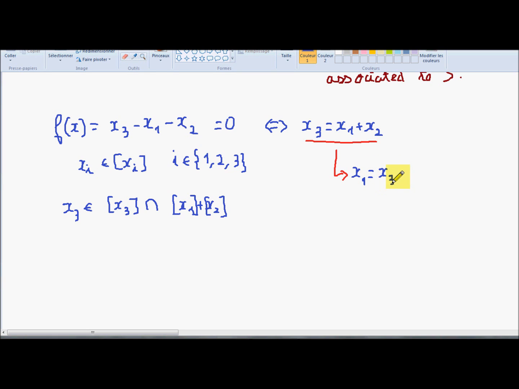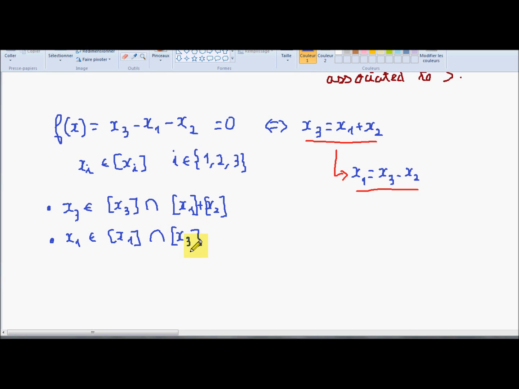So I can now write that x1 belongs to [x1], which I already know, but thanks to this equation it also belongs to the interval [x3] minus the interval [x2].